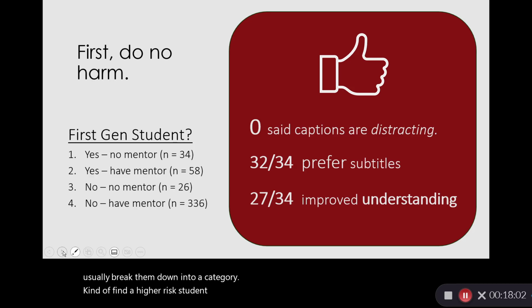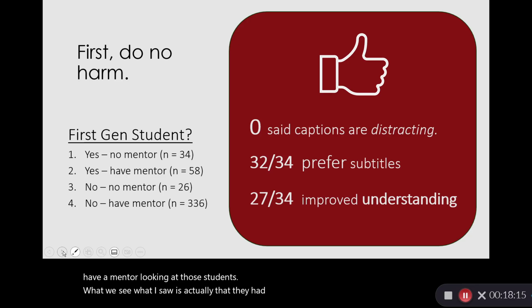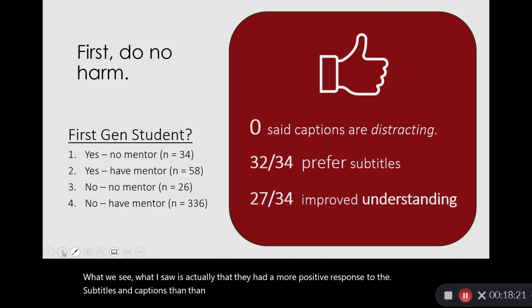And so those who identify as first gen and say they do not have a mentor, looking at those students, what I saw is actually that they had a more positive response to the subtitles and captions than others. So none of them said captions were distracting.